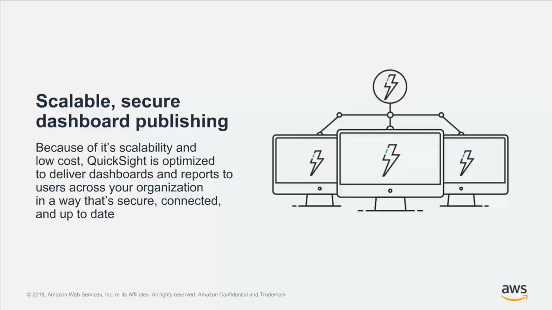And also there's some security concerns there, where if that file now exists on my computer, it can be emailed, it can go outside of the company. So there's a pretty significant security gap there. But with QuickSight, again, as a hosted solution, when you share those dashboards out, as Jesse showed you, what users get is a link, and they click on that link, and it brings them to the active live dashboard inside of the QuickSight application, which allows them to do that interactive filtering and drilling and actually engage with the data.